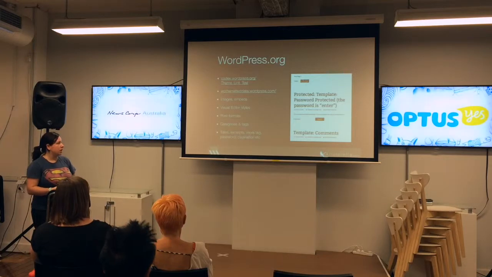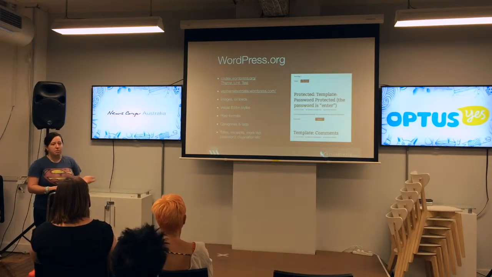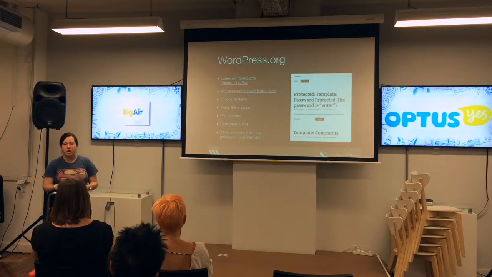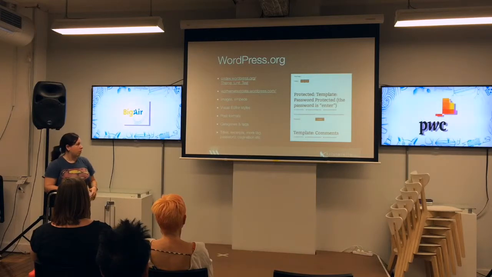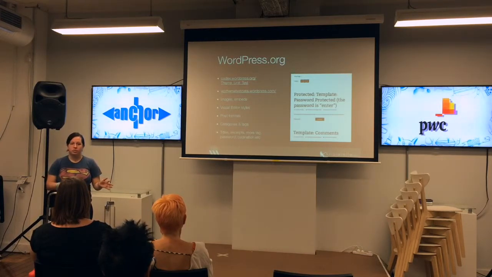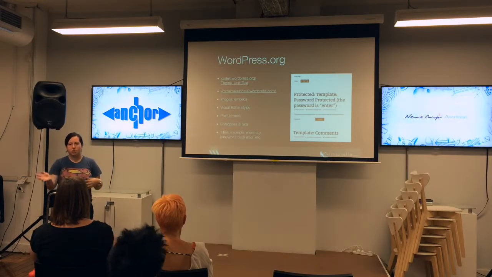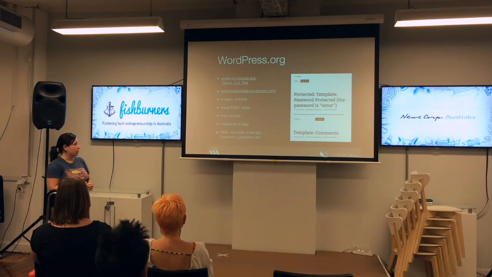This test unit includes images and embeds, so audio, video, Twitter embeds, all the things that WordPress supports, all the visual editor styles, so different heading levels, ordered lists, unordered lists, block quotes.